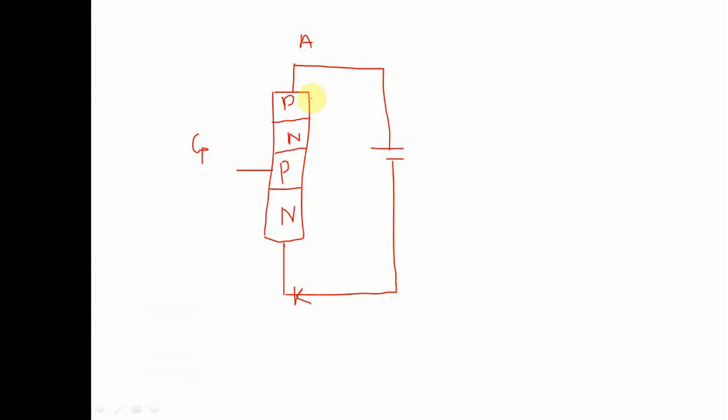Due to this, junction J1 and junction J3 are forward biased. How are they forward biased? The J1 junction is made up of p-type and n-type semiconductor, and the J3 junction is also made up of p-type and n-type semiconductor.